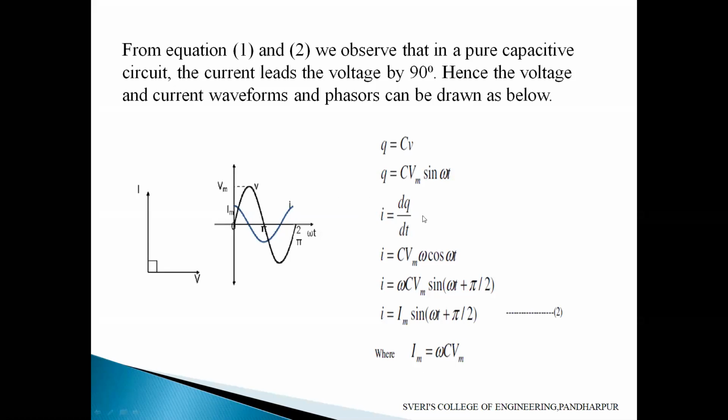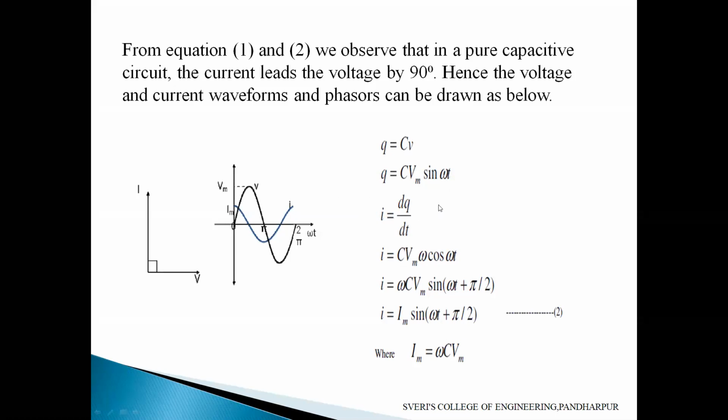So I equal to dq by dt, and we substitute the q value, C Vm sin omega t, in place of q.